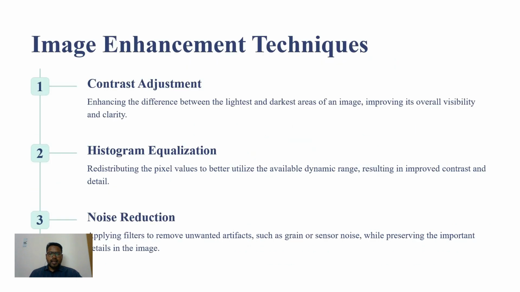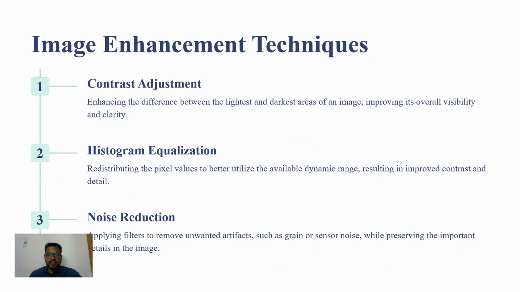Next is image enhancement techniques. After capturing the image, in this slide I will describe techniques to improve image quality, like contrast adjustment, histogram equalization, and noise reduction. Contrast adjustment enhances the differences between light and dark areas to improve visibility.